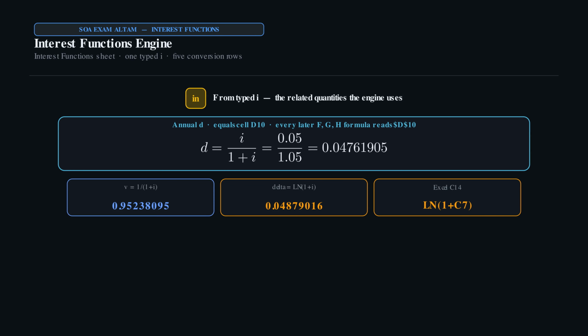Delta is the natural log of 1.05, 0.04879016. The sheet stores that in C14 as I upper infinity. Those 4 numbers, I, D, V, and delta, are the annual and continuous bookends of the table.